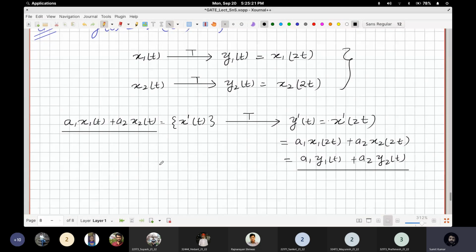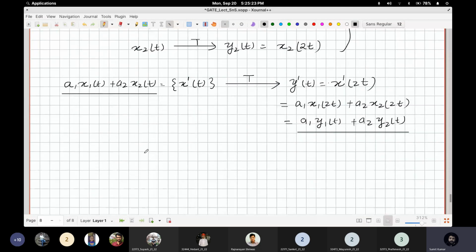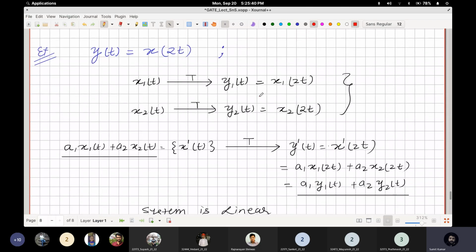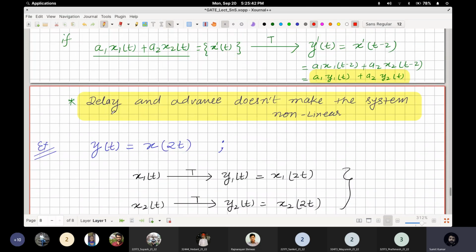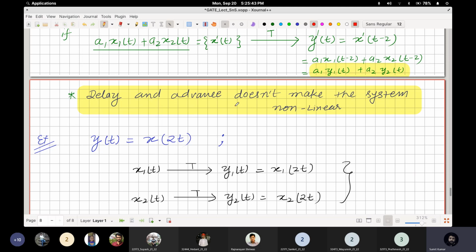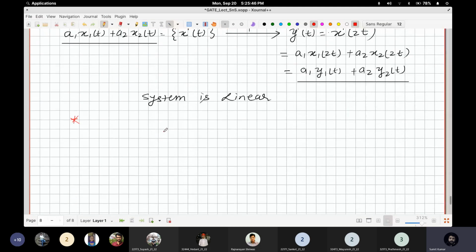It means the system is linear or non-linear? So the system is linear, right? Again, what is something that we are going to understand from this? You see that even scaling time में कोई भी ऑपरेशन किया हमने, यहाँ डिले किया, एडवांस किया तो भी लीनियर था, स्केल किया तो भी लीनियर था.